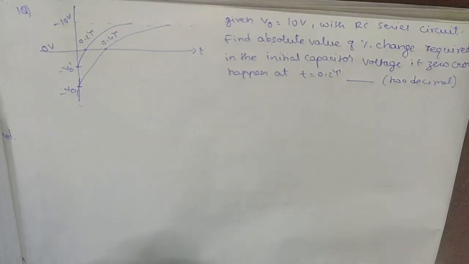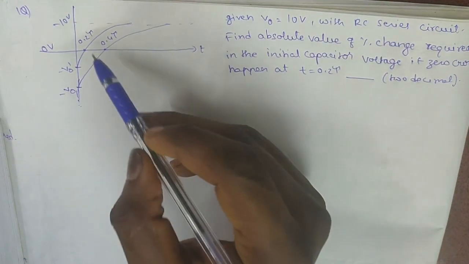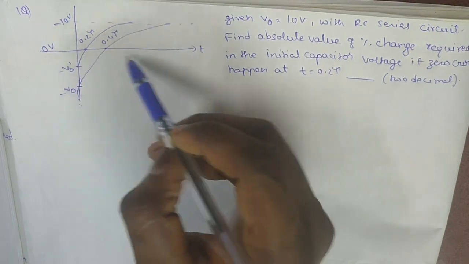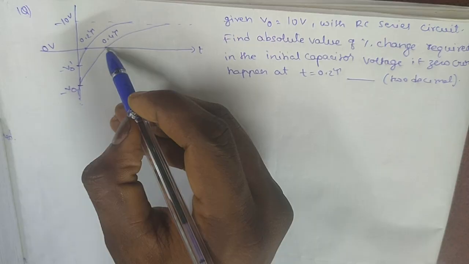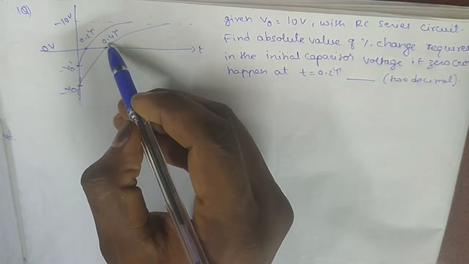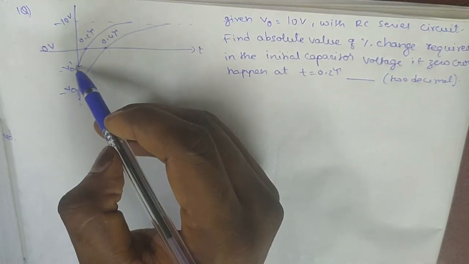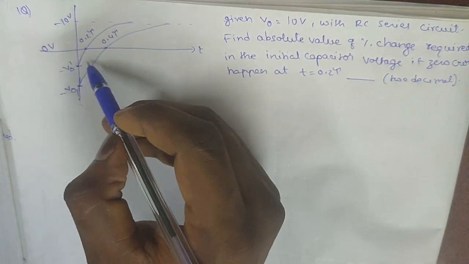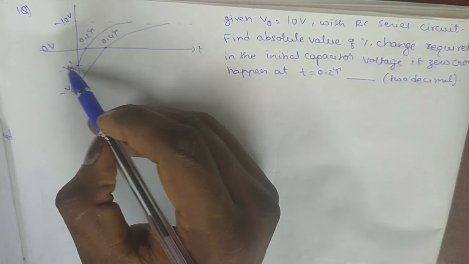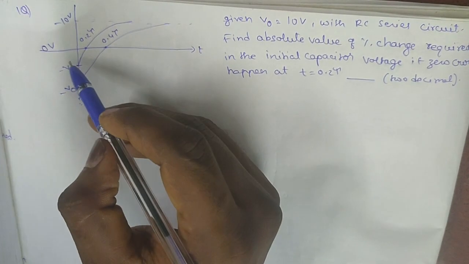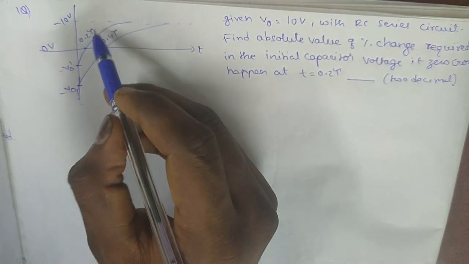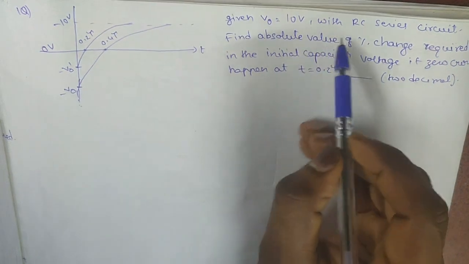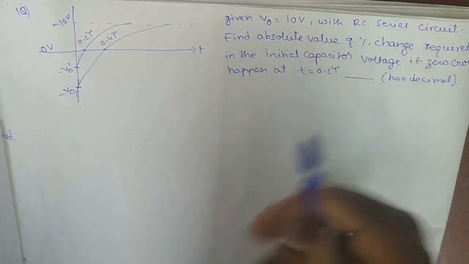In this question they gave the circuit behavior like this: starting at V naught it is going and crossing the zero axis at 0.4 tau, and another curve with initial voltage V naught dash crosses the zero axis at 0.2 tau.